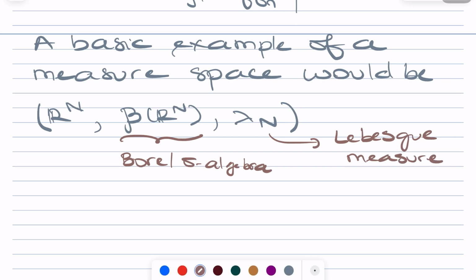So this would be a typical example of a measure space.